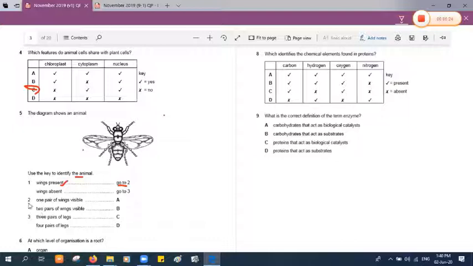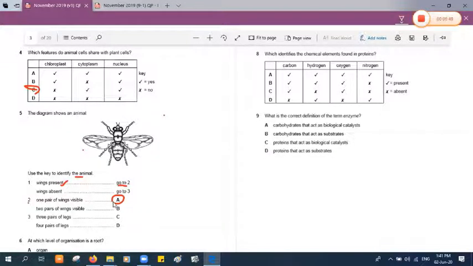So question 2: one pair of wings visible or two pairs of wings visible? Now you choose from A or B. How many pairs of wings do you see? I see only one pair, so it will be letter A.